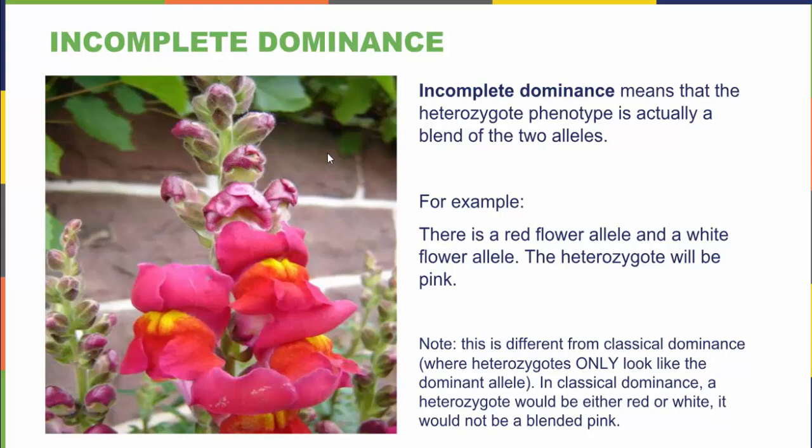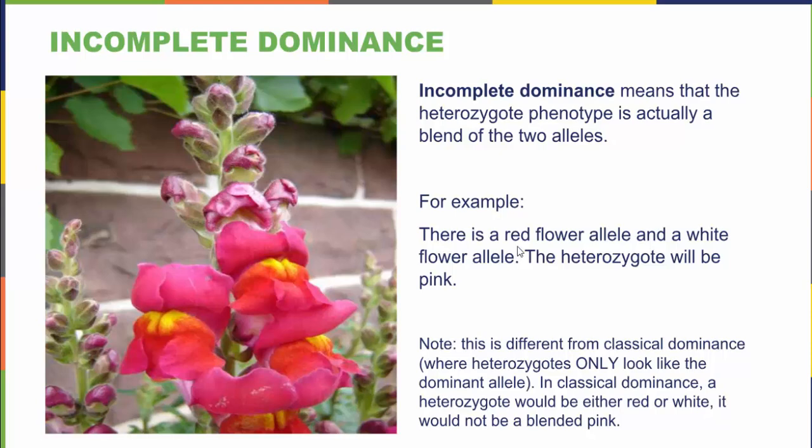Alright, so the first of those is incomplete dominance. Incomplete dominance is different from classical dominance, okay? If it's incomplete, it means that the heterozygote has a blended phenotype. For example, if there was a flower that had incomplete dominance, and let's say that the heterozygote had one copy of a red recipe and one copy of a white recipe, the heterozygote would actually look pink, so the phenotype would be pink.